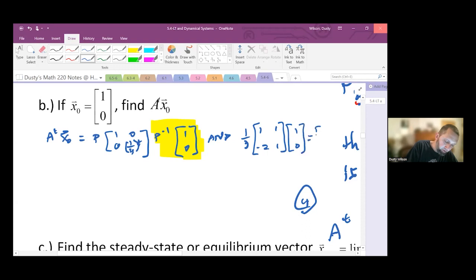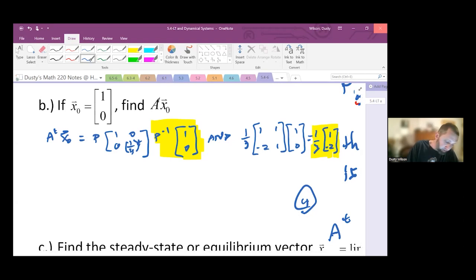Let's pull a 1/3 out front. So I'd have 1 times 1 plus 1 times 0 is 1. Negative 2 times 1 plus 1 times 0 is negative 2. So P inverse times [1, 0] ends up being equal to 1/3 times [1, -2].